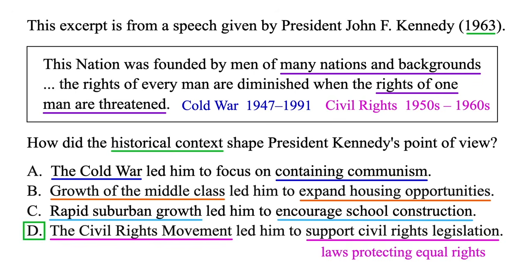So the civil rights movement was the main thing that this quote has to do with. We need to pass laws because the rights of every man are diminished when the rights of one man are threatened. So people of different races and backgrounds all need to be protected, and that's primarily what this quote is talking about, the civil rights movement.